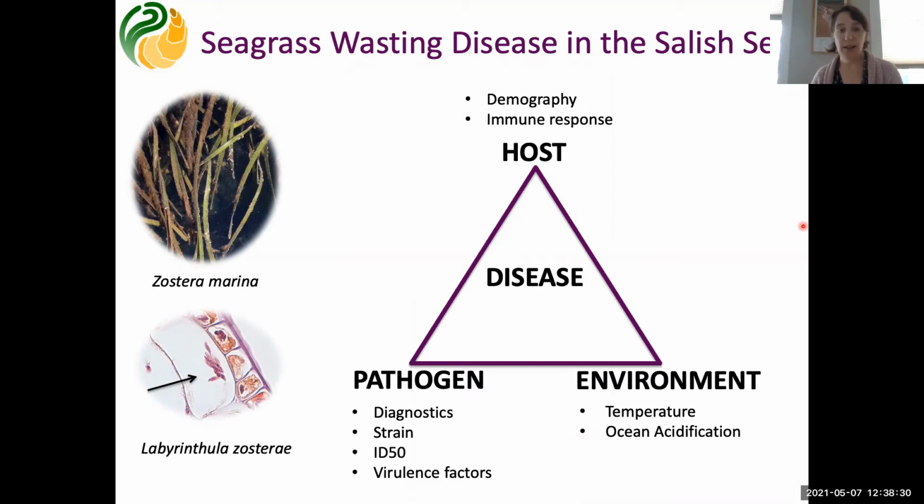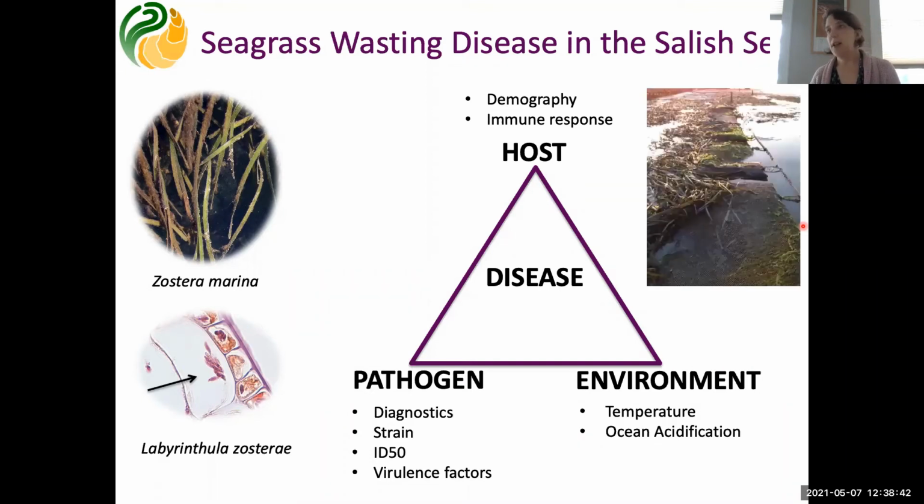We've conducted some ID50s, and finally, we're looking at virulence factors, as well as factors related to the environment, such as temperature and ocean acidification. So today, I will highlight another type of interaction. I'll highlight the interaction between oysters, eelgrass, and Labyrinthula.